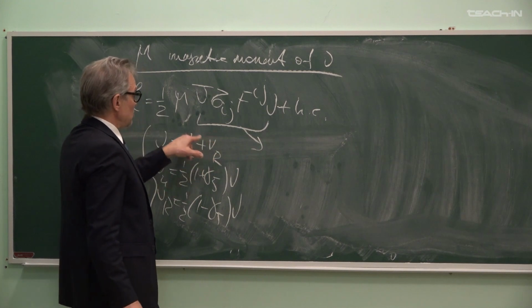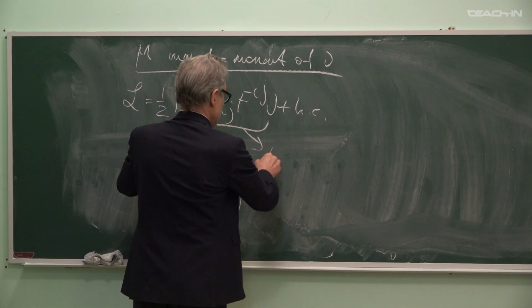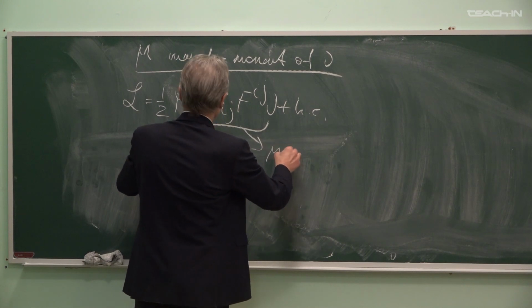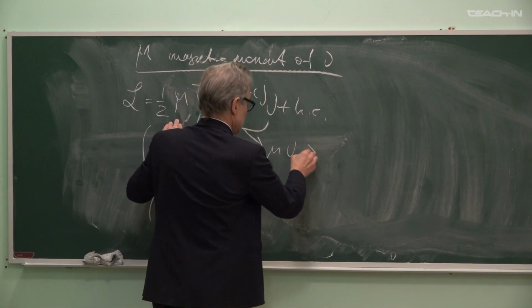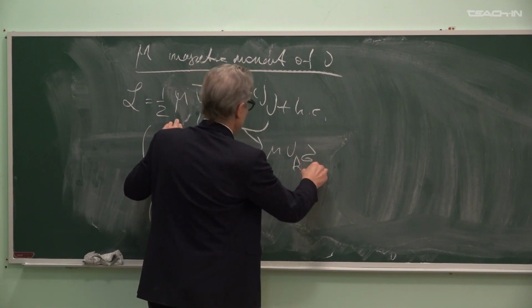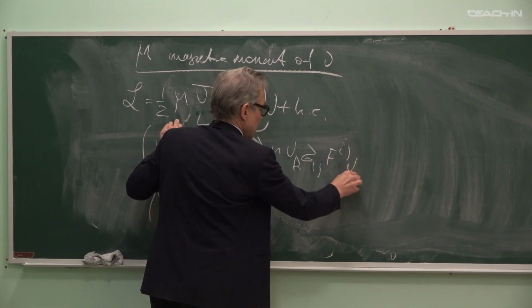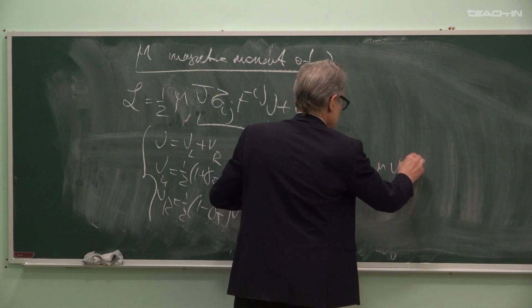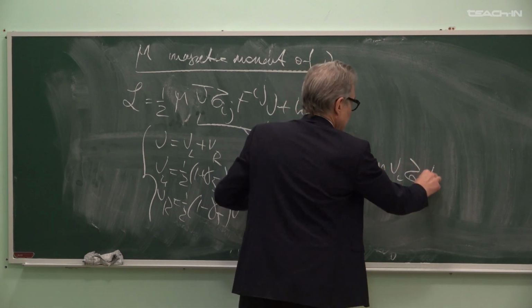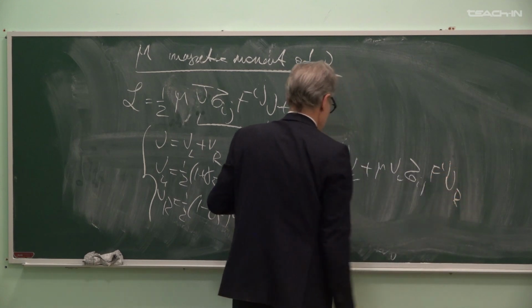It is quite easy to see that this reproduces the following interactions: right sigma ij F ij left plus mu left sigma right.